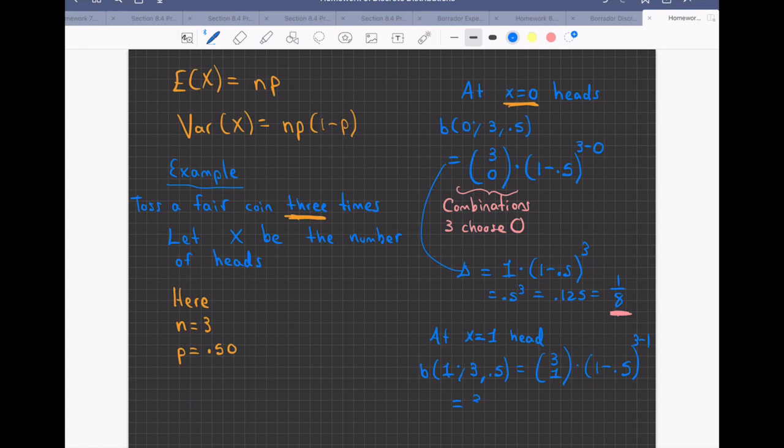This is going to be 3 times 0.5 raised to the square. And this is going to be only 3 times 3, 3/4.